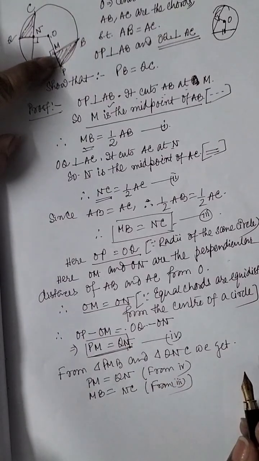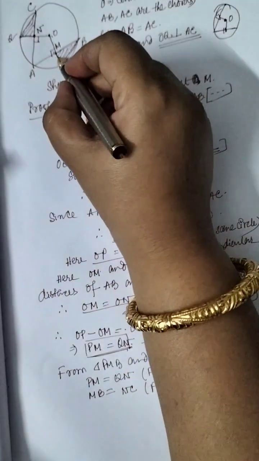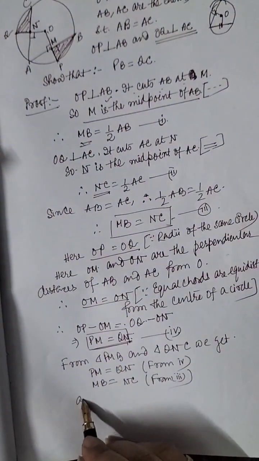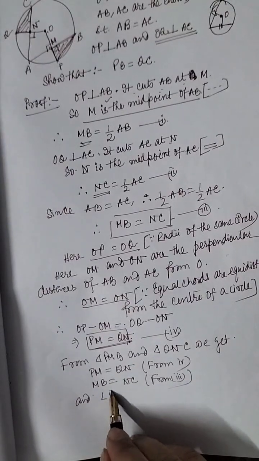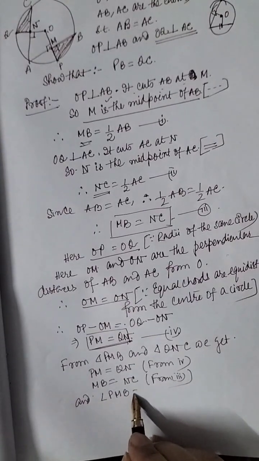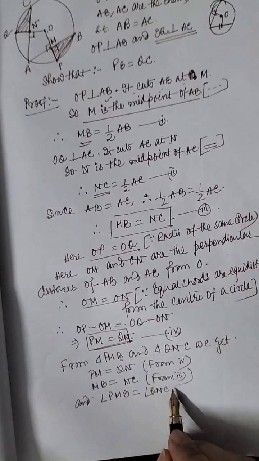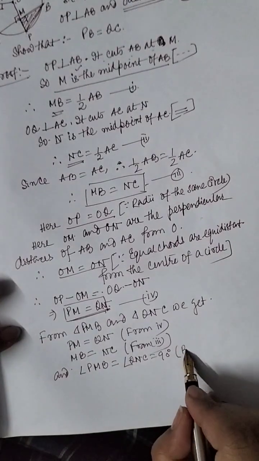Now it is already given that OP is perpendicular on AB. So obviously this one is 90 degree. Now we get that angle PMB equals to angle QNC equals to 90 degree by given condition.